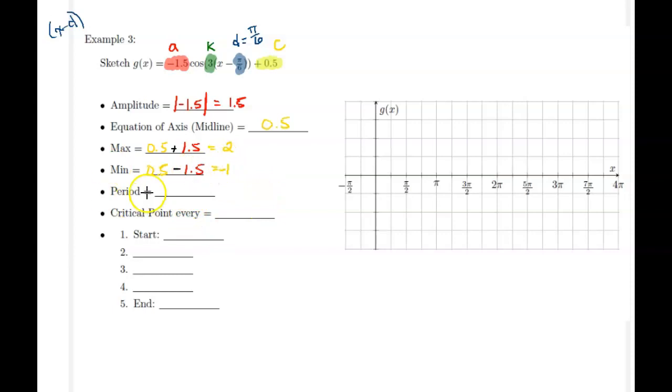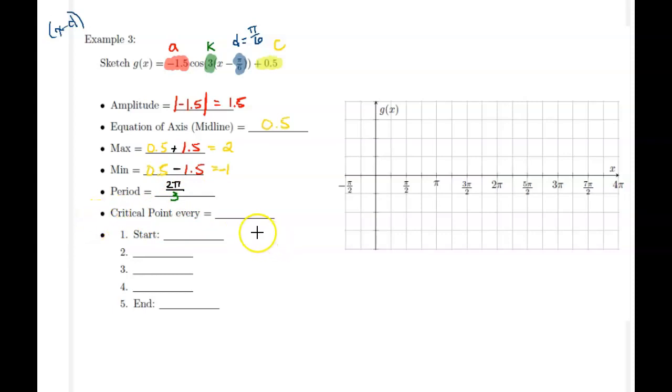All right. Next up is the period, or the length of one cycle. We take 2 pi and divide it by my k value, and my k value was 3. That means one cycle is going to be a length of 2 pi over 3.